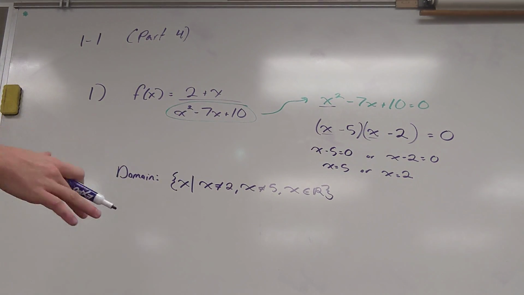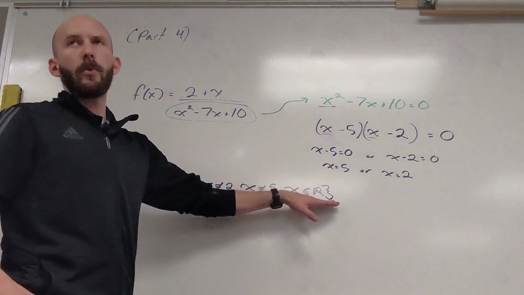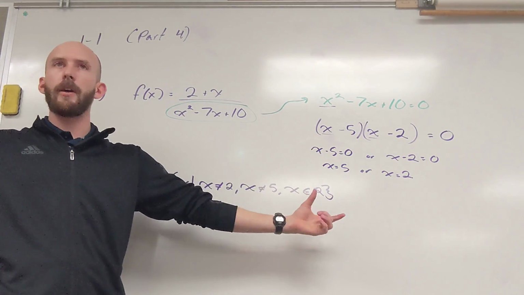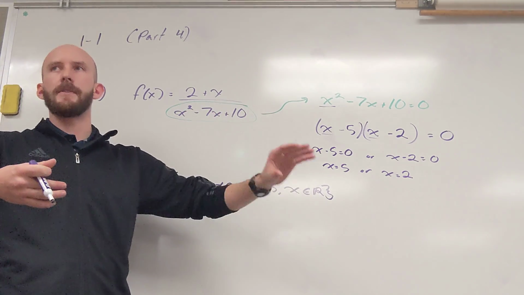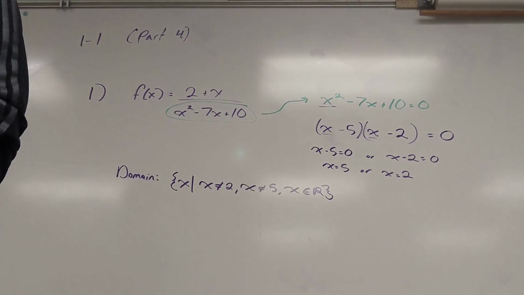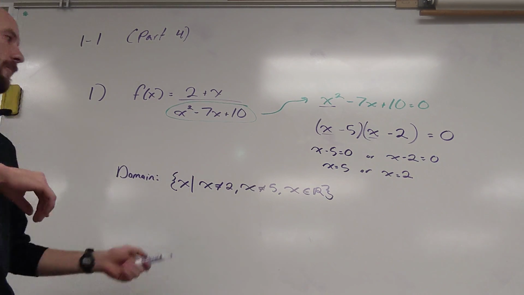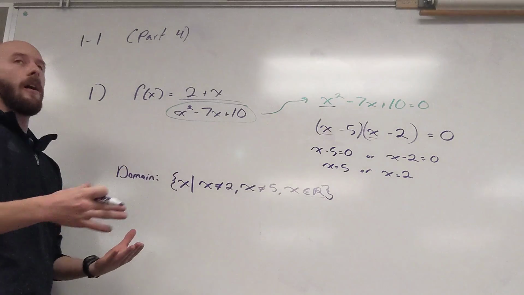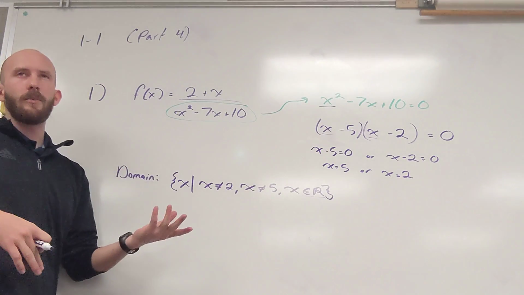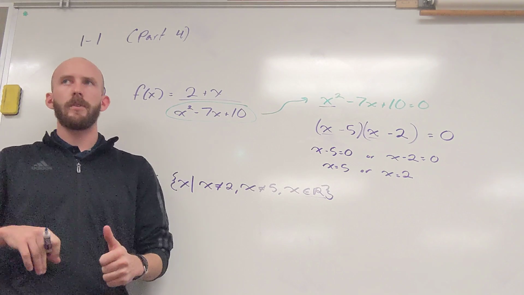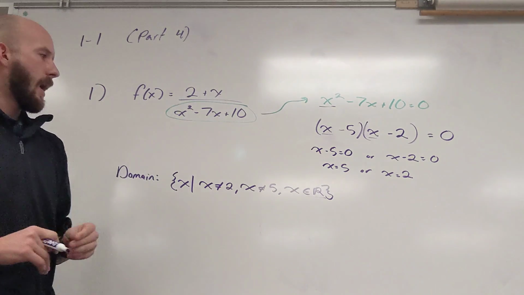For the domain, because it's all real numbers for where it's defined, basically it's the set of all real numbers, and then we may have to exclude some values out of that. So x will always belong, and you're always going to have that part. The other way of writing the domain, and I'm going to say for most of this part, interval notation is probably going to be simpler.